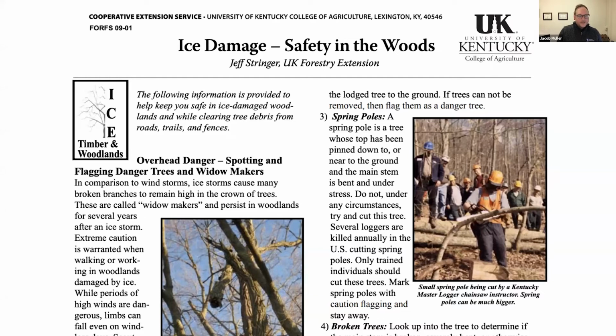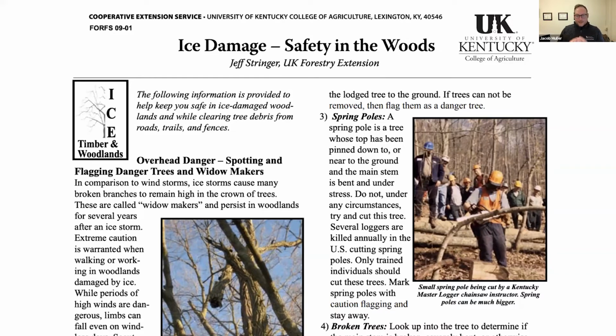We have a number of resources that I mentioned, more specifically focused on ice damage, but a lot of these different conditions that we see in the woodlands, we could relate to tornado damage that we see. We're often seeing similar types of damage, especially on the edges of that tornado's path.